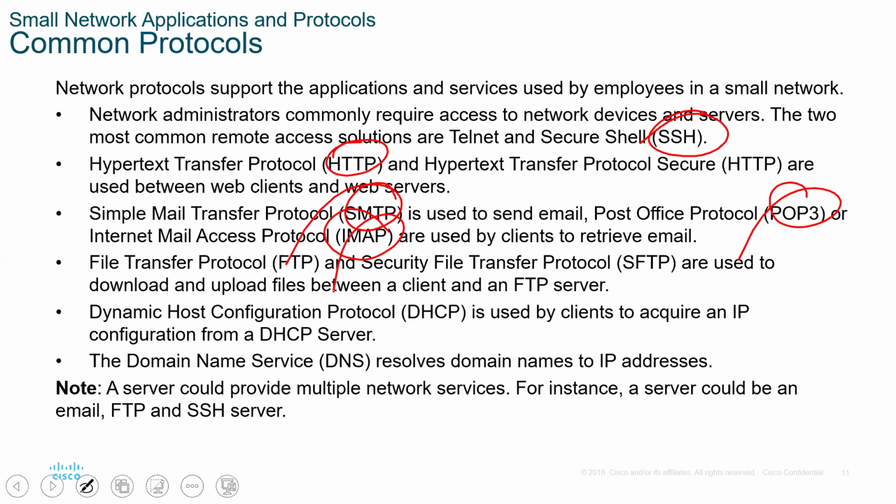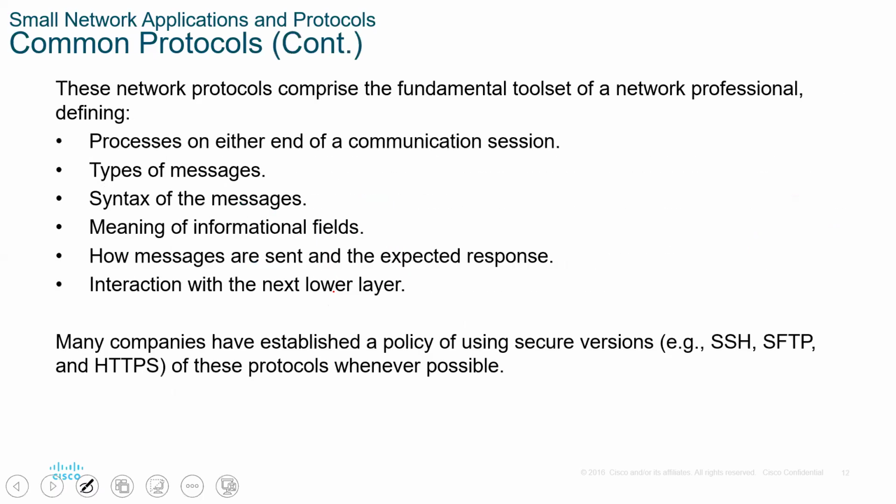Then you have the Domain Name Service, which is DNS, that helps to resolve domain names to their corresponding IP addresses. All these protocols, we have looked at them at the application layer, because those are the protocols that run at that layer. So when you are setting up a small network, you will also need them.